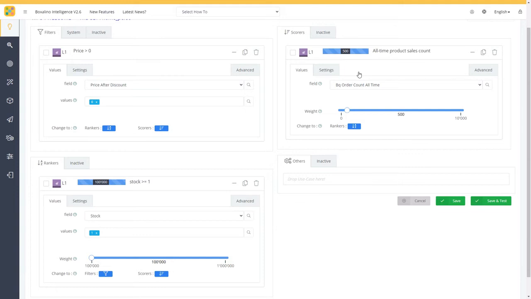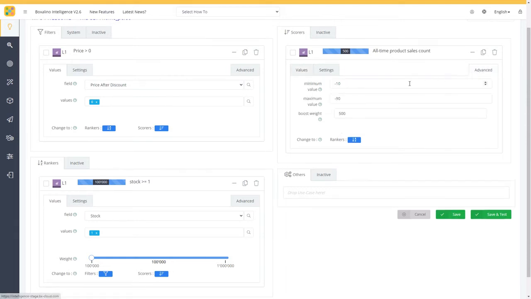And the linear use cases, they can define different types of minimum and maximum thresholds. So let's look quickly at this point. So here, as you can see, we have a minimum value of -10 and a maximum value of -90. The idea of using minimum and maximum with negative values is to specify to the system we want to have dynamic thresholds.